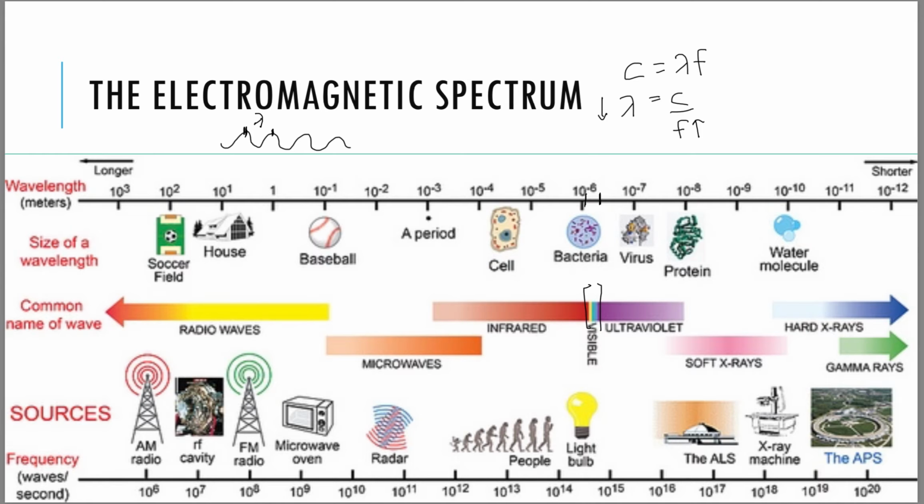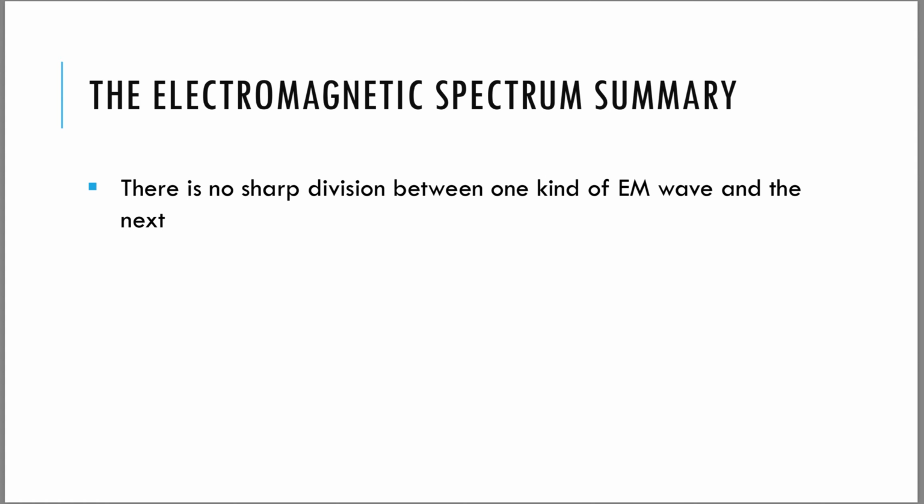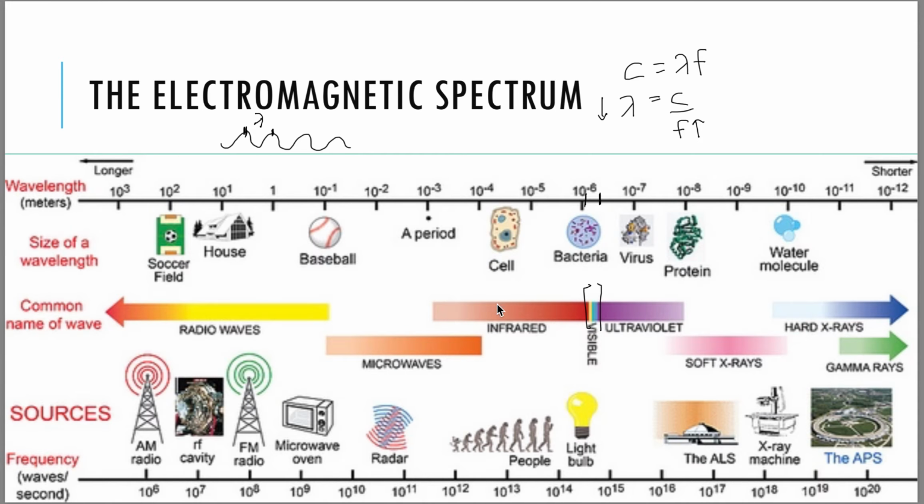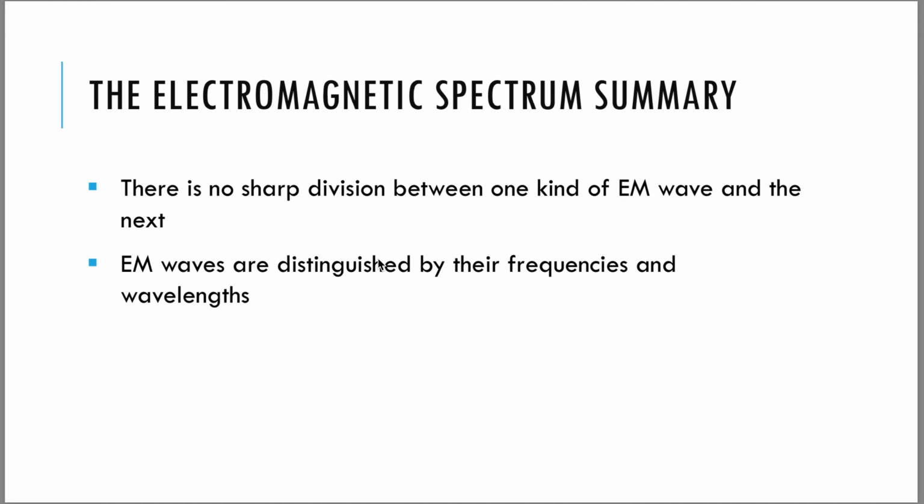Just to summarize the electromagnetic spectrum, there's no sharp division between one kind of wave and the next. As you can see in the previous slide, there is some overlap between the waves, but the spectrum does organize the waves according to their frequency, or you can say according to their wavelength.